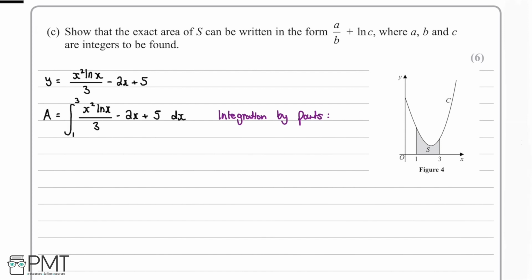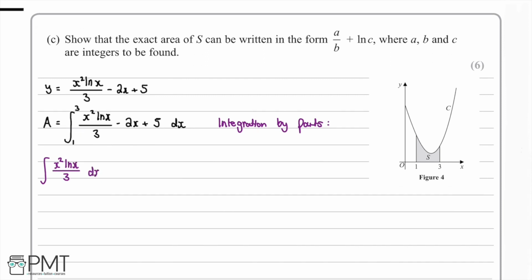So the integral of x squared ln x all divided by 3, with respect to x, is going to be equal to f of x multiplied by g of x. Then we're going to subtract the integral of f of x multiplied by g dash x, and we integrate this with respect to x.